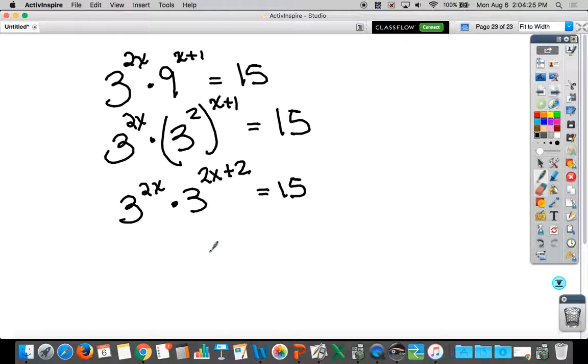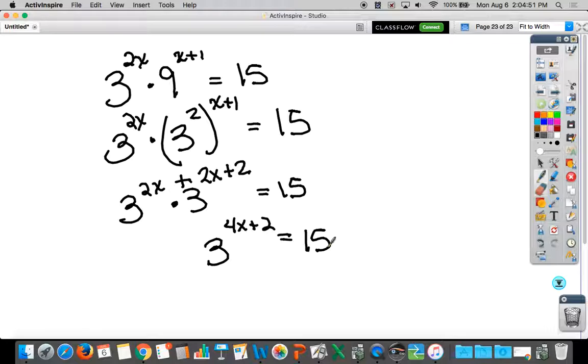Now, what's my base going to be? 3. What am I going to do about these? Add them. So that becomes... now, this cannot be done without a calculator. So we would have to do this one with a calculator. But what could I do?